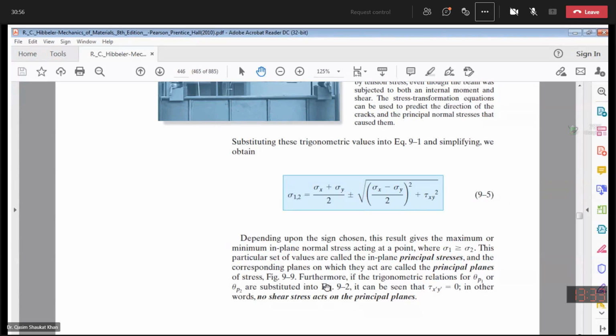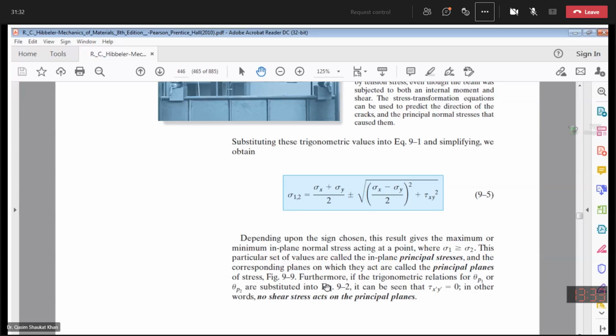The book is saying that if you put the value of theta p1 or theta p2 in equation number 3, which we derived for the computation of the transformed shear stress, that is tau x dash y dash is equal to minus sigma x minus sigma y over 2 sine 2 theta plus tau xy cos 2 theta, you will get zero shear stress.